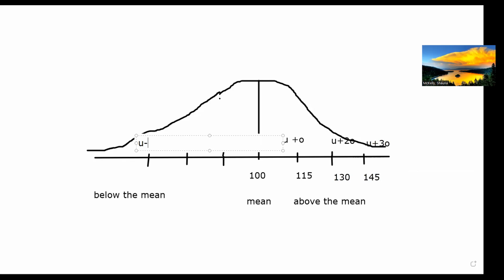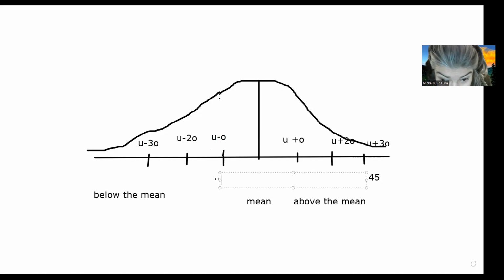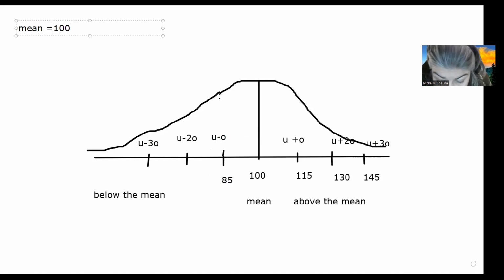Now, if I take 100 and I subtract 15, 100 minus 15 is 85. Because remember, I was given that the mean is 100 and the standard deviation sigma, which I'm going to represent with an O, is 15.